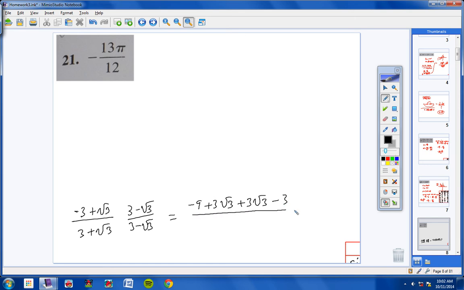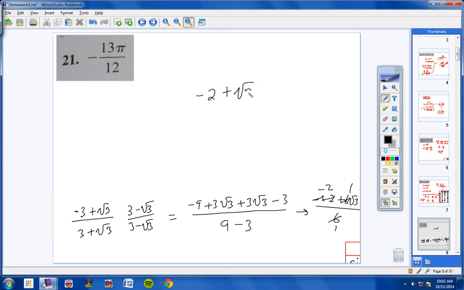So we end up with negative 12 plus 6 square root of 3. Alright? Now the denominator, if you do all your multiplication, you'll get positive 9 minus 3, which is 6. So we can reduce this outside number and this outside number and this outside number by 6. So this is a 1, this is a 1, this is a negative 2. So your final answer should be negative 2 plus square root of 3.